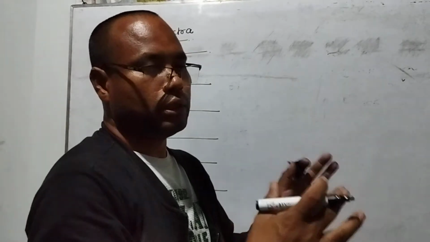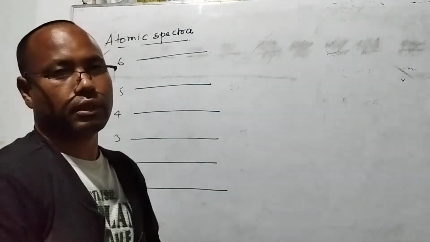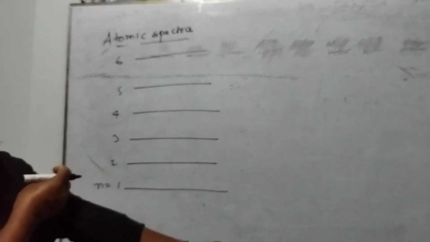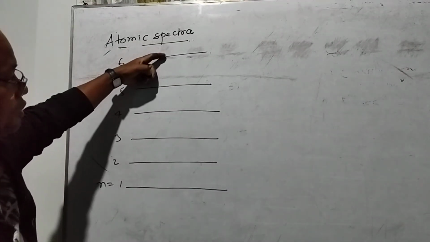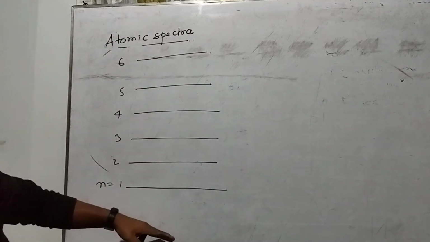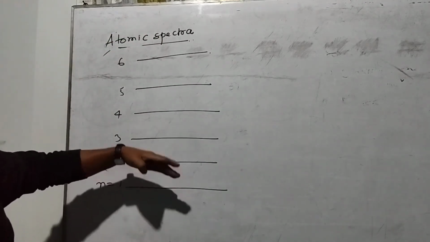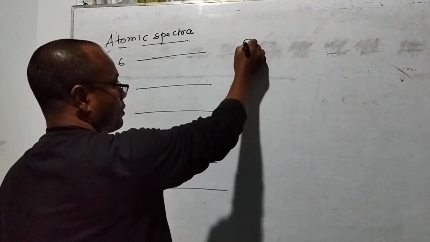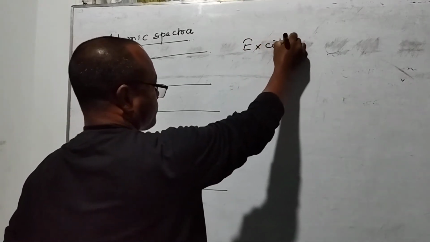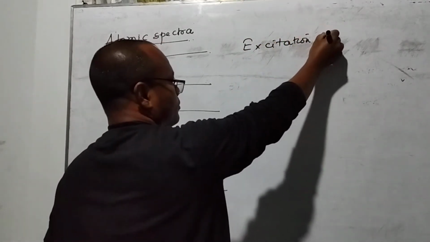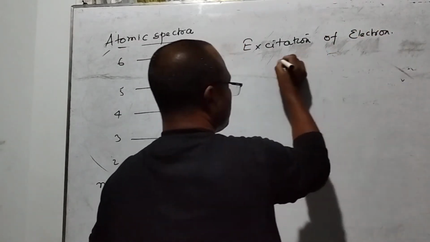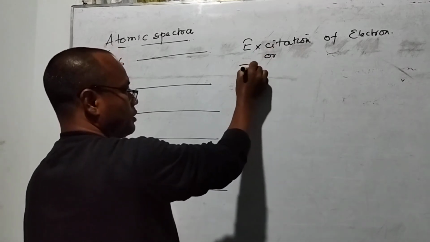Here a very interesting phenomenon takes place. The key phenomenon is that an electron can jump from a higher energy level to a lower energy level, or from a lower energy level to a higher energy level. Such phenomena we call the excitation of electron, or you can say the transition of electron.